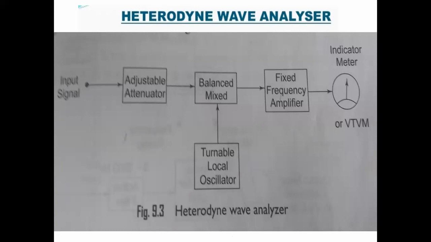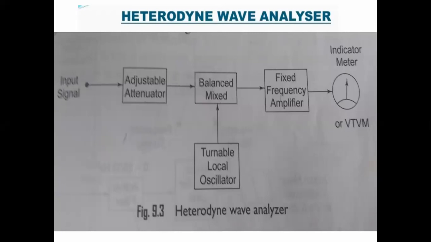The basic principle involved in the heterodyne wave analyzer is heterodyning, that is nothing but the mixing of two signals. By mixing the signals, we can produce the difference signal as well as the summation of the signals.